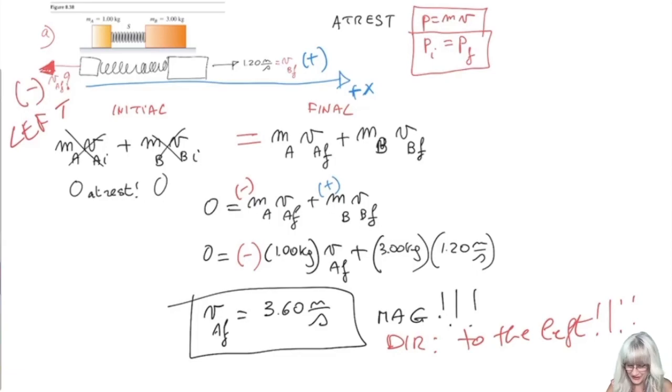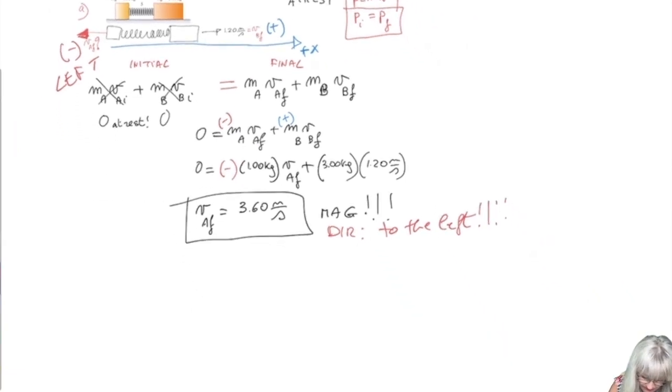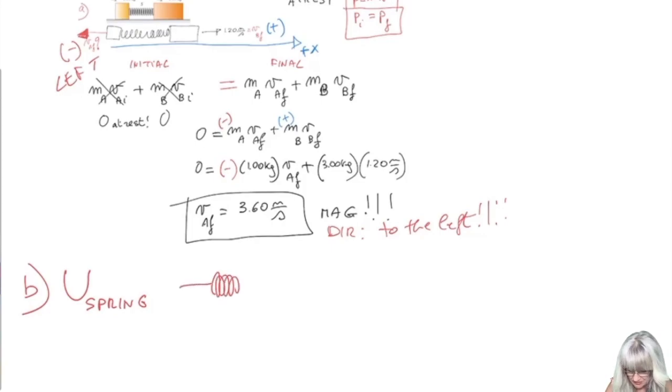All right, very good. How about part B, which we want to find the potential energy U of the spring. Remember, we have a spring which is quantified by k, the spring constant.